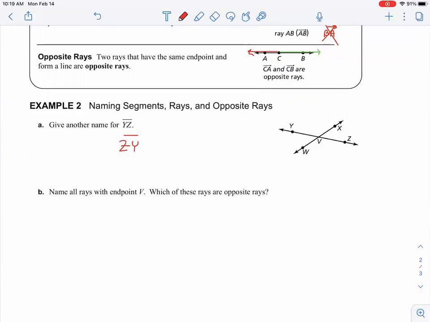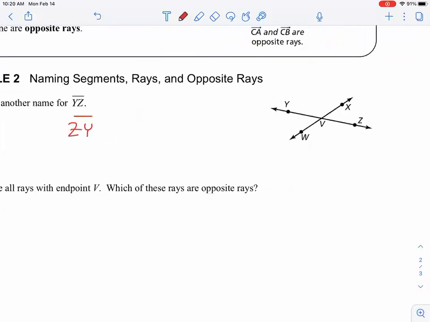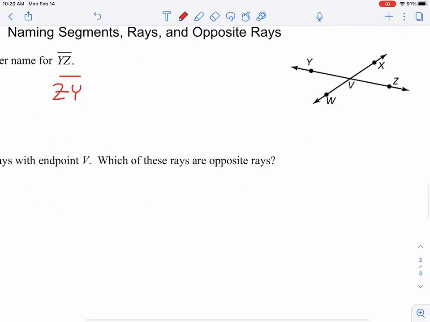So to name all of the rays with endpoint V, if I started at V and went this way, I could call that ray VX. If I started at V and went to the right, I could call that ray VZ.